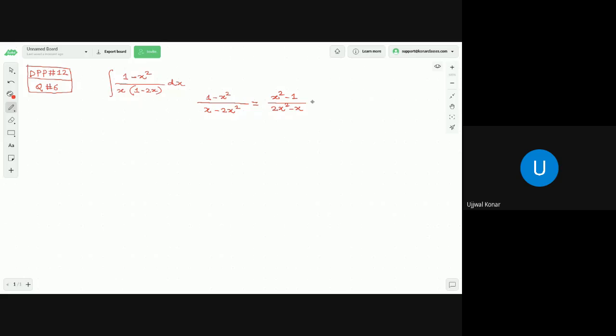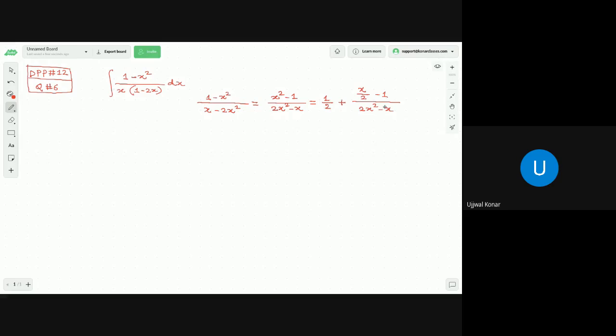If you perform it using Euclid's division lemma, it will be 1 by 2 plus... I am not spending the time in dividing, and I hope it is perfectly fine with all of you. It is 2x square minus x. That's what you will get. Got it?